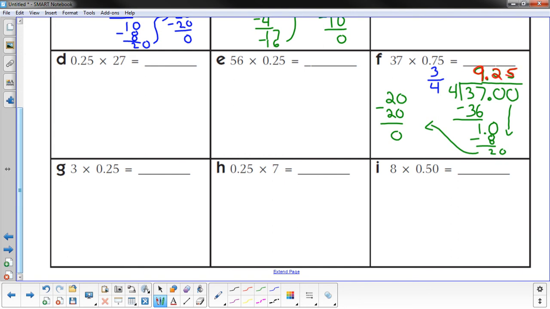But I'm not done yet because that's 1/4 of 37. I need 3/4. So I need 3 of those 9 and 25 hundredths. So you could add 3 together, or you could times it by 3.